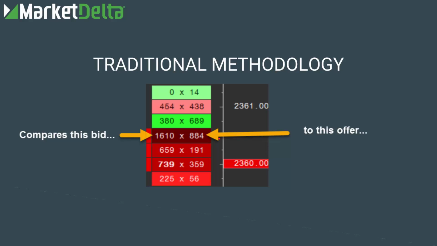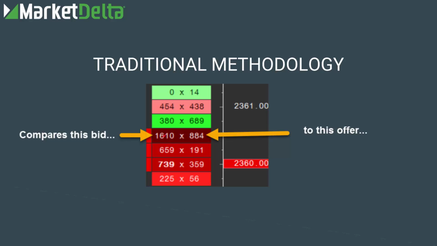The traditional footprint classification algorithm is looking at just that single price, and as that price is the bid price, it keeps track of the volume that traded when that was the bid price. And then when it becomes the offer price, it keeps track of the volume that traded when it was the offer. And so I call it kind of the inline methodology.